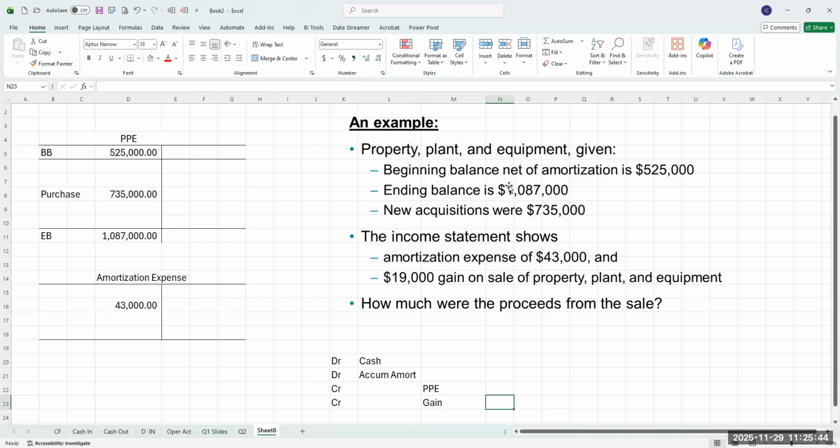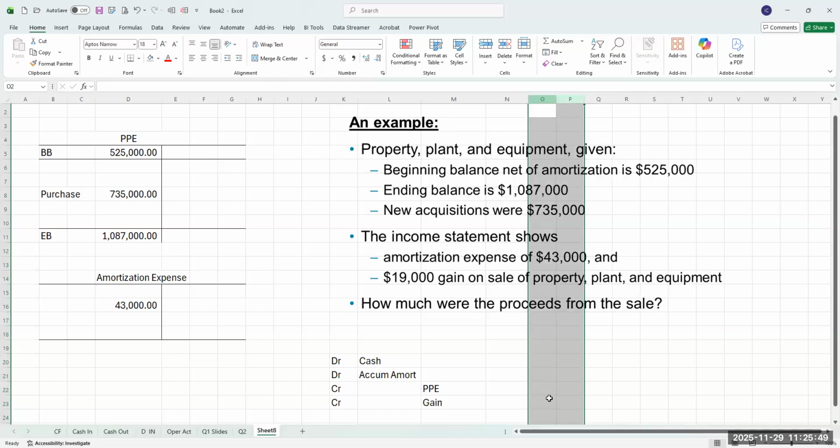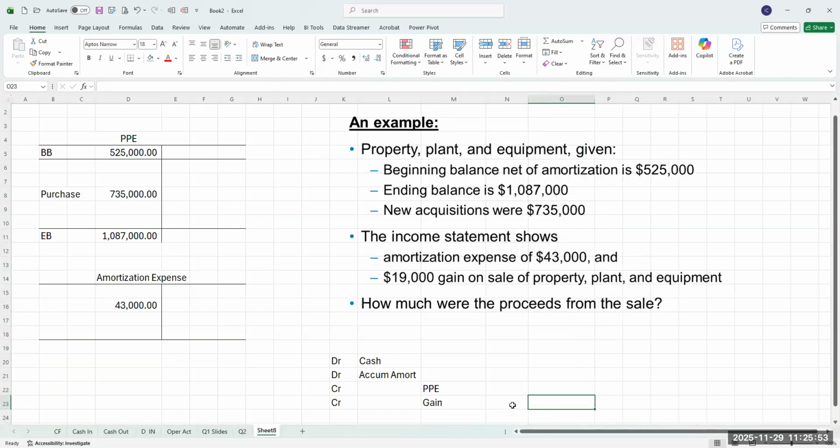So now I have to plug the numbers and figure out what is what. This is more like solving a puzzle. My gain, I already know, is 19,000. So what do I have to figure out?